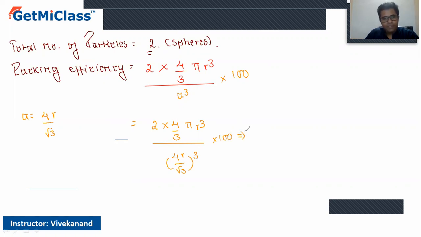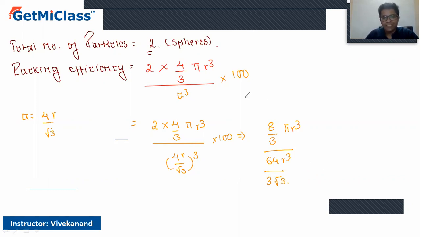Now, this would turn out to be 8/3 pi r cube, the whole thing divided by 64r cube over root of 3 cube, that is 3 into root of 3, since 4 into 4 into 4 gives 64.